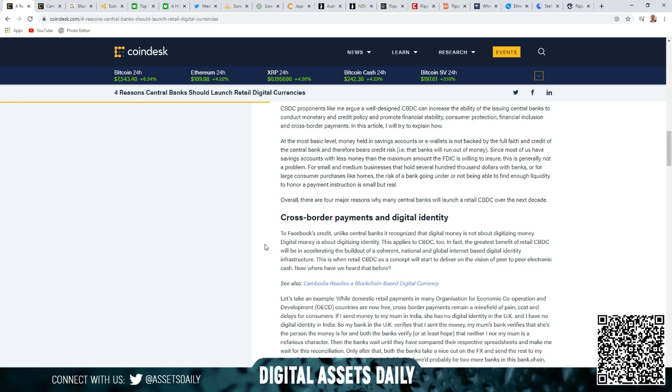At the most basic level, money held in savings accounts or e-wallets is not backed by the full faith and credit of the central bank, and therefore bears credit risk, i.e. that banks will run out of money. Since most of us have savings accounts with less money than the maximum amount of FDIC that it's willing to insure, this is generally not a problem.